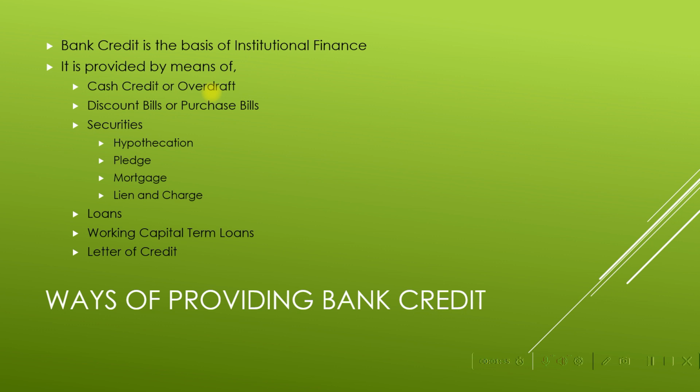Interest is charged based on the amount that is held by the drawer and not on the sanctioned limit. However, a minimum amount is charged for the unutilized amount. Always remember that the interest payable in this form of credit is directly dependent upon the amount which is actually outstanding and not on the sanctioned limit. So that is cash credit.